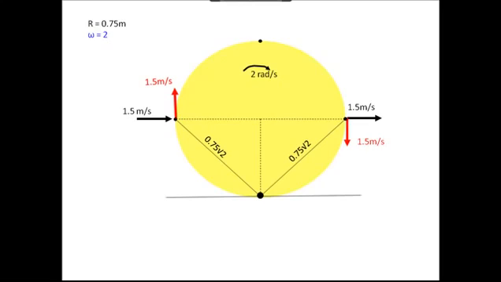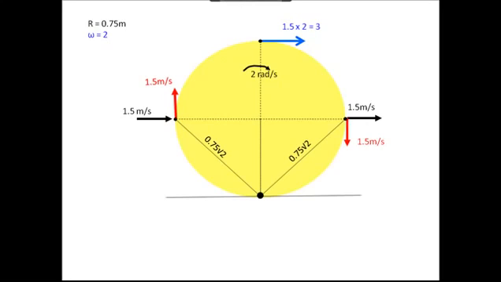Similarly, for the top point, you join the reference point to the top point. The distance is 0.75 plus 0.75, 1.5. So the velocity is 1.5 into 2, r omega, that is 3, which was the same as earlier. You remember this? This and this is the same, only thing we have worked it out with the instantaneous center.